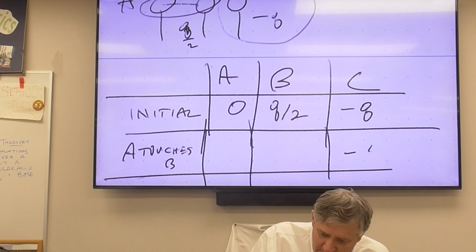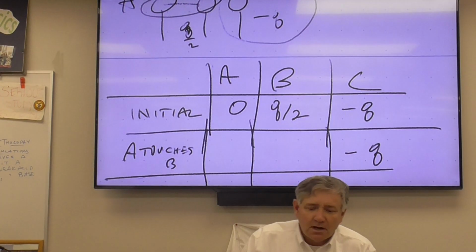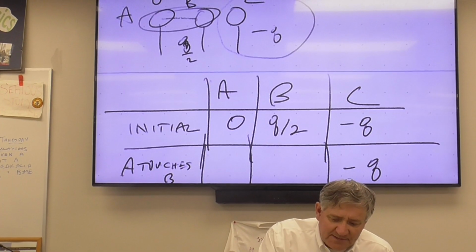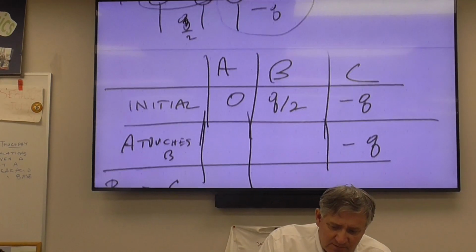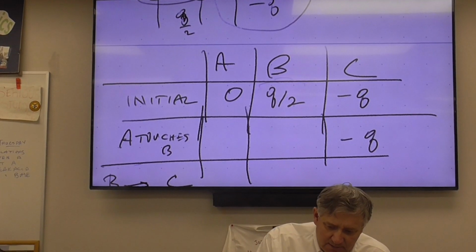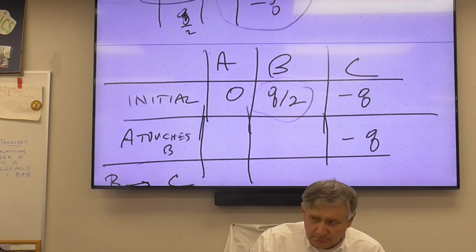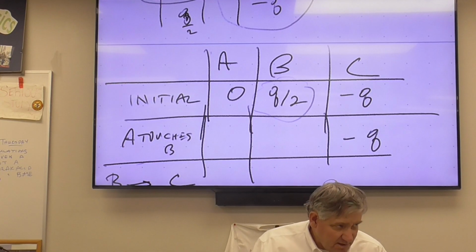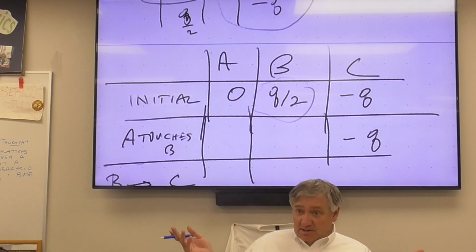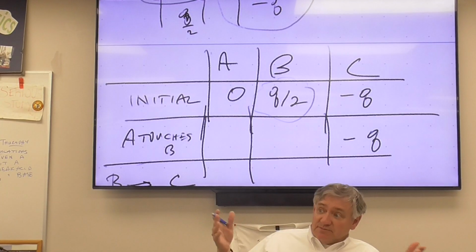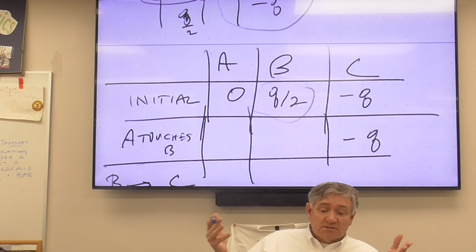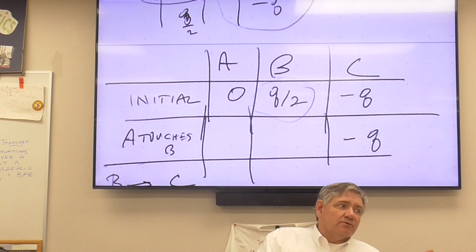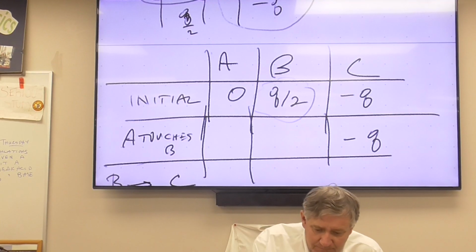C is going to end up here at negative Q. When A touches B, what's going to happen to the charge on B? Unless you're told differently, you just have to assume that it's even. So what's half of Q over 2? Q over 4.